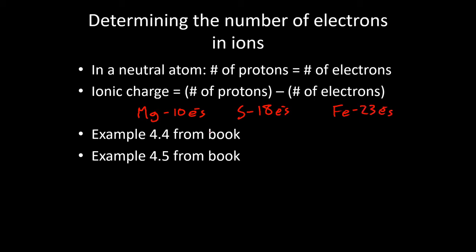By the way, this little e with a negative sign, that is a shorthand way of writing electron. So if you see me writing that in, I'm not just going crazy. That is a shorthand way of writing electron. So we have magnesium with 10 electrons, sulfur with 18 electrons, and iron, almost said fluorine, iron with 23 electrons.